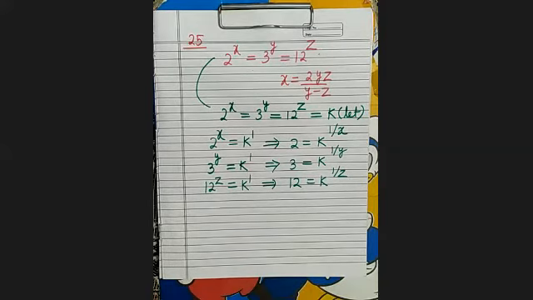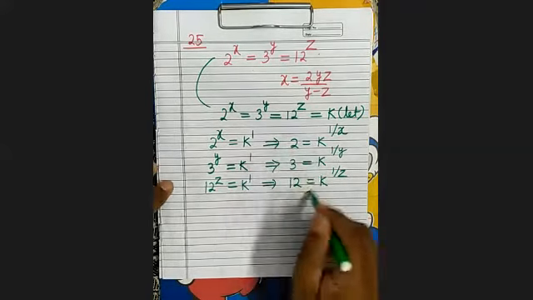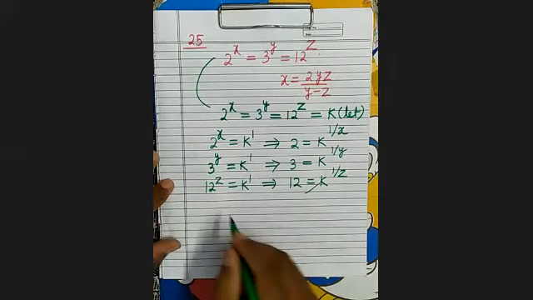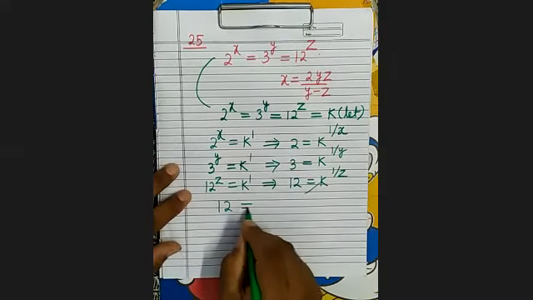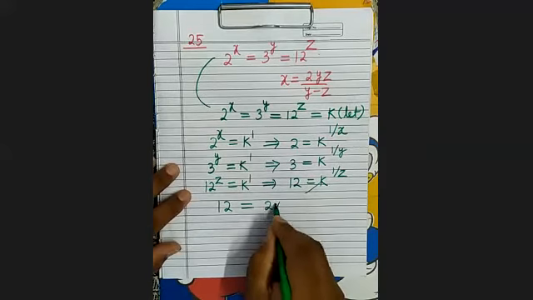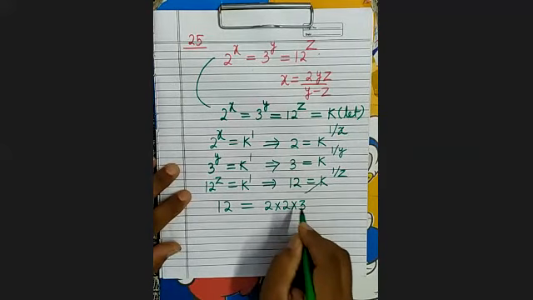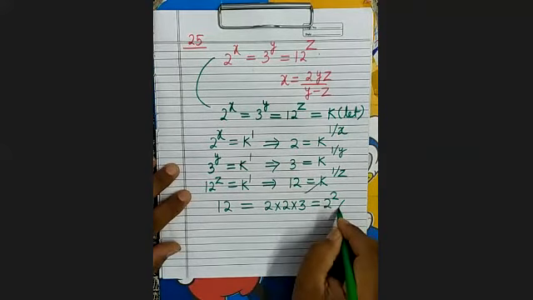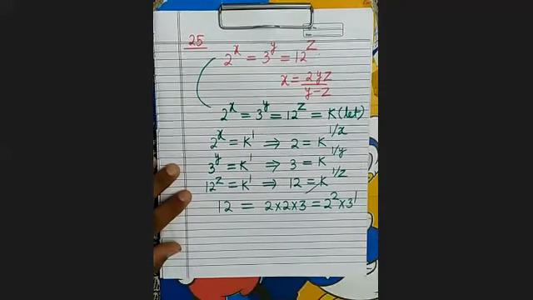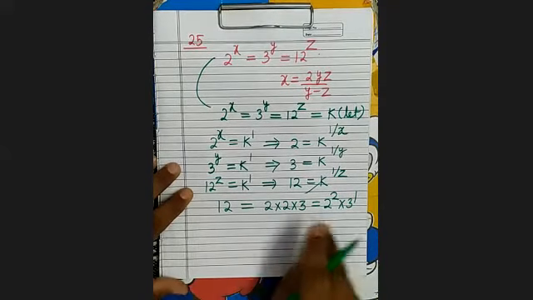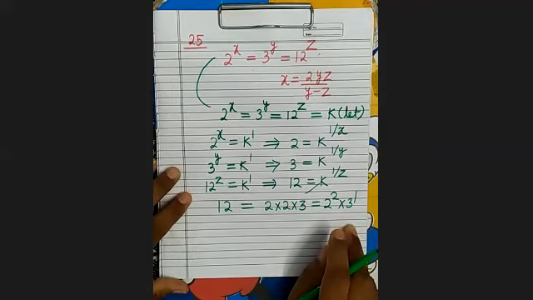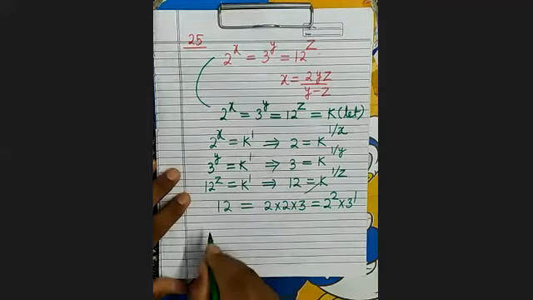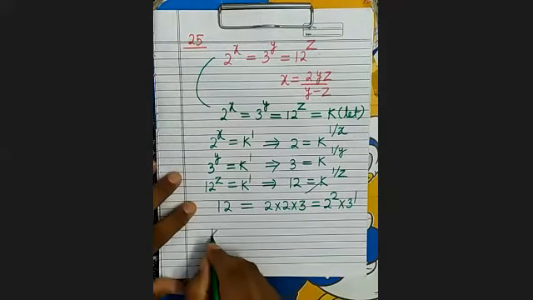Now see here. Now you have to combine this. So what can you write? 12 can be written as 2 into 2 into 3. That is 2 square into 3 to the power 1. Now we will substitute these values. In place of 12, you can write k to the power 1 upon z.